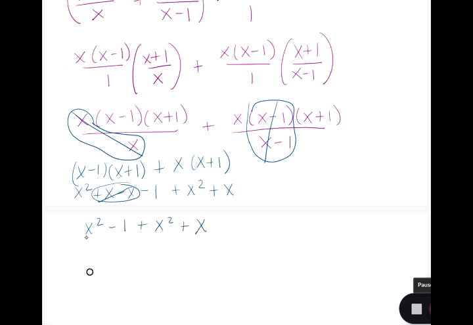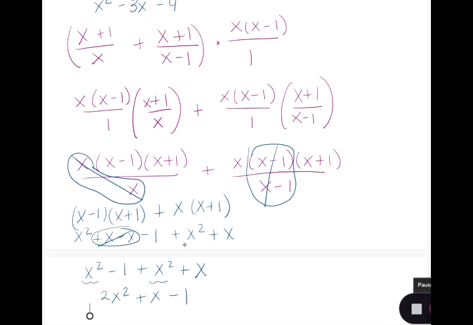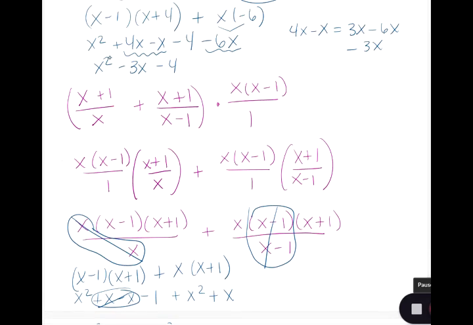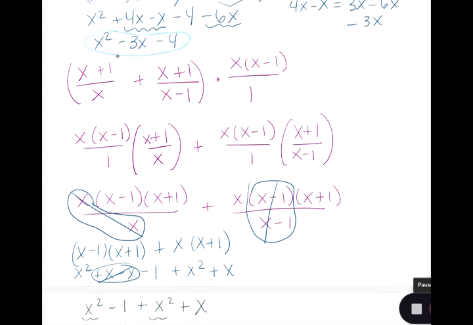I'm going to combine like terms. I have an x squared and an x squared. I get 2x squared plus x minus 1. And this is just my denominator. Again, remember, we're going to come back up to the top, up here where we were working, and this was our numerator, right?